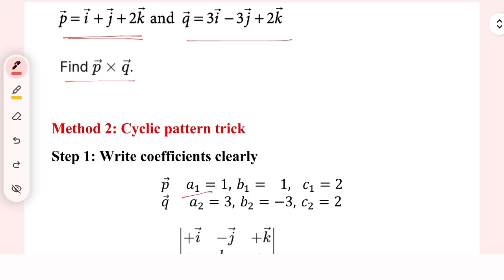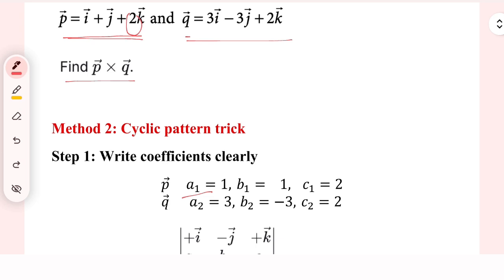So that's I, J, and K. A is for the coefficient of I, B is for the coefficient of J, and C is for the coefficient of K. So for vector P, A is 1, B is 1, and C is 2, because 2 is the coefficient of K.